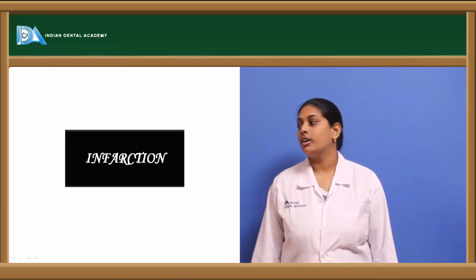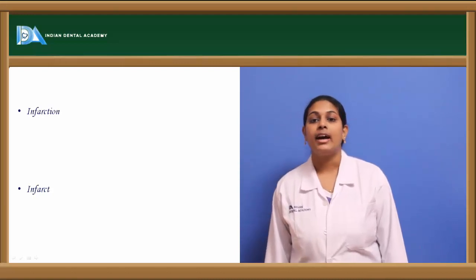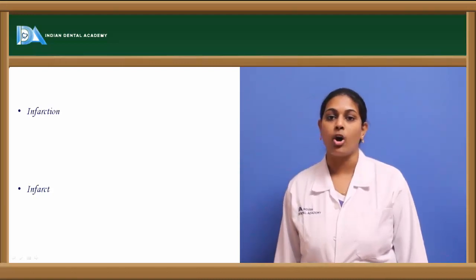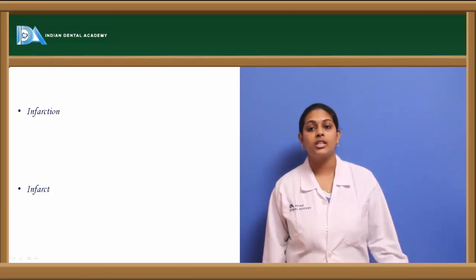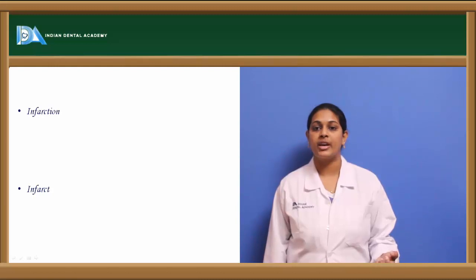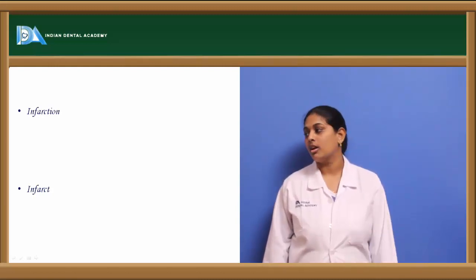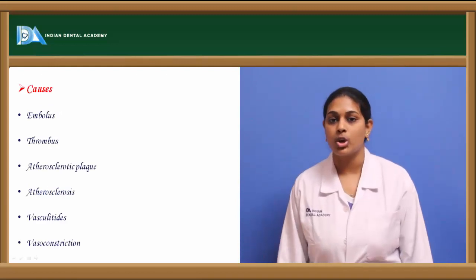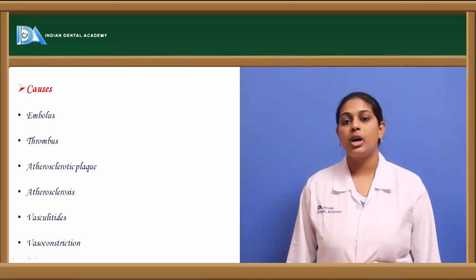Coming to infarction, infarction is the condition where there is deprivation of oxygen. Because there's loss of blood supply, there's also deprived oxygen, and the organ which is facing this condition is known as an infarct. The causes of infarction include embolism.